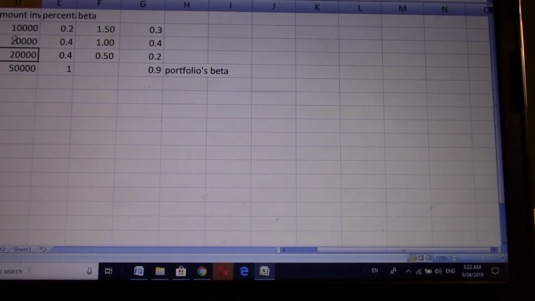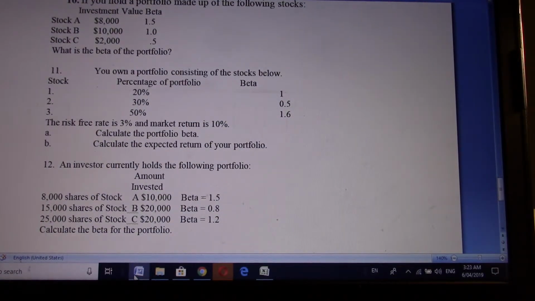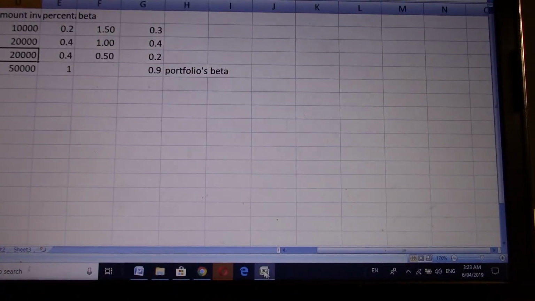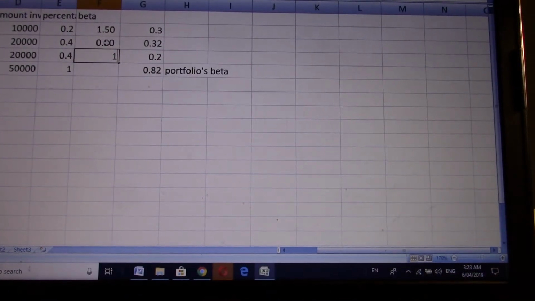So you have $50,000 invested in 3 stocks. Okay, so beta is 1.5, 0.8, and 1.2. So you see the answer should be here. 1.1 should be your portfolio's beta.